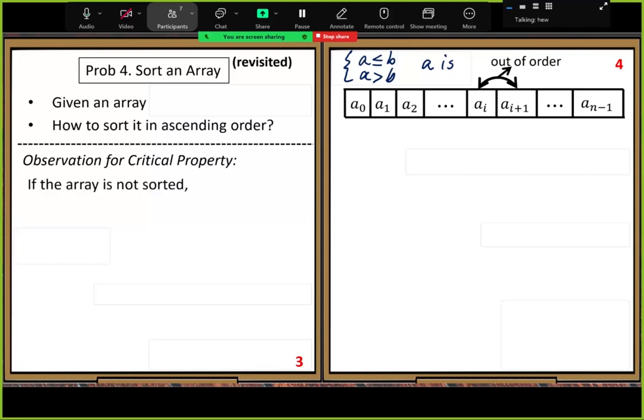The property is, if the array is not sorted, there must be two of the adjacent elements that are out of order. Can you see that? If array is not ordered, there must be two of the adjacent elements out of order. Think about it. If the statement is correct or not.